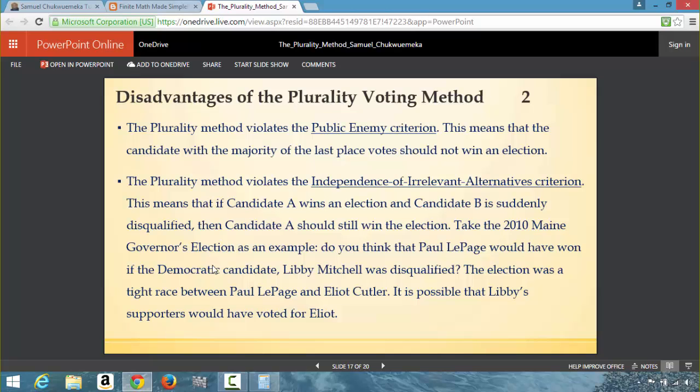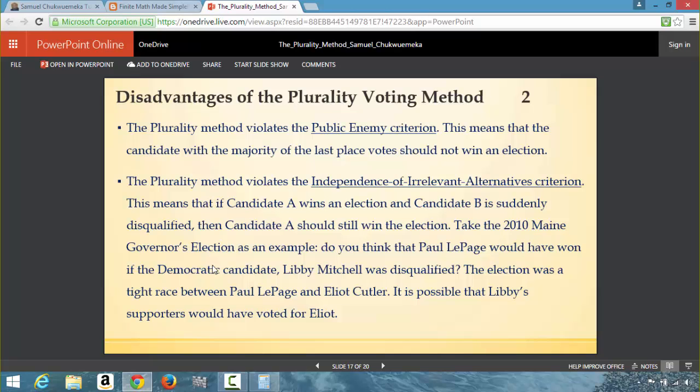So if we disqualify them, candidate A should still be able to win the election. If you are a popular candidate, if you are a majority candidate, if people like you and want to elect you as the leader, you should win an election regardless of which other candidate gets disqualified or not. So we shall look at this later on.